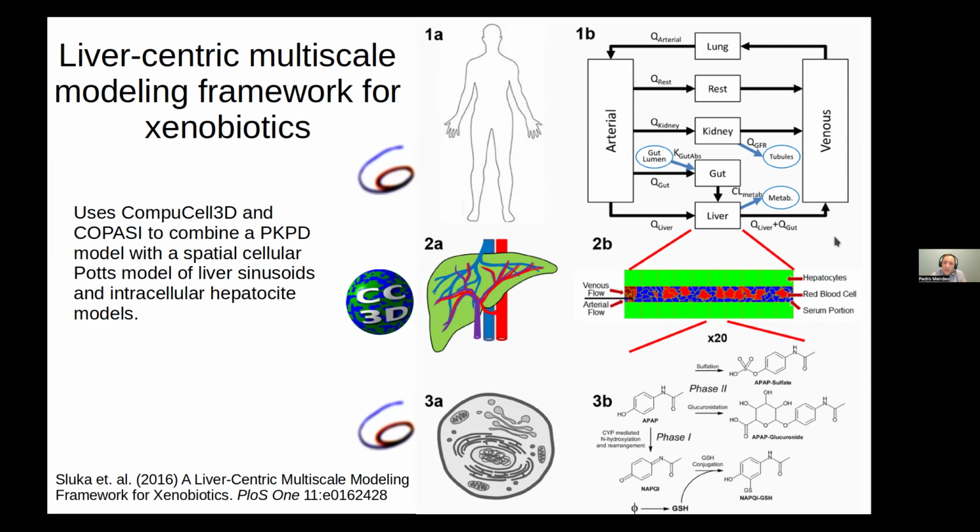And they have a whole PKPD model in one layer, and then another layer, whole metabolic model for each one of these cells. And so COPASI was in this case used at two ends. So these are 3 examples. I don't want to describe them in detail. This is just to say that this is not new. People have been doing this throughout the years, at least the last couple of decades.